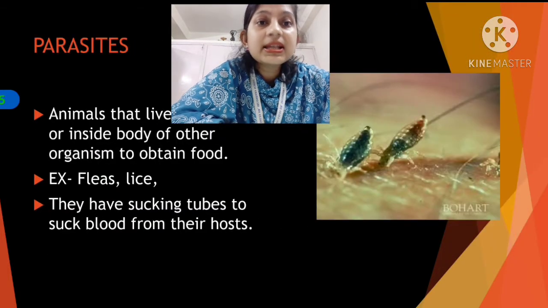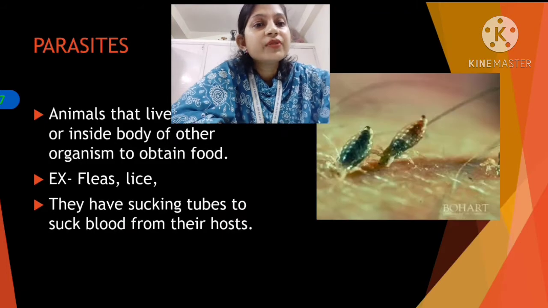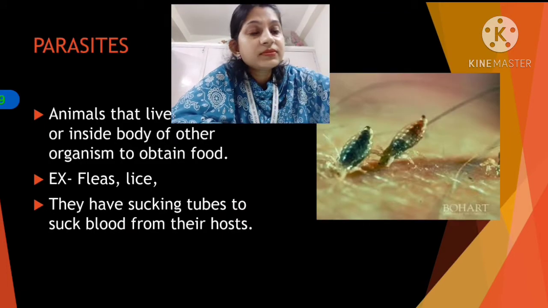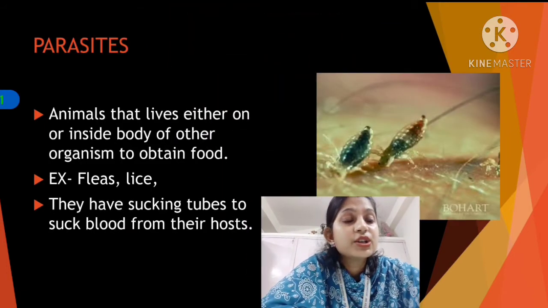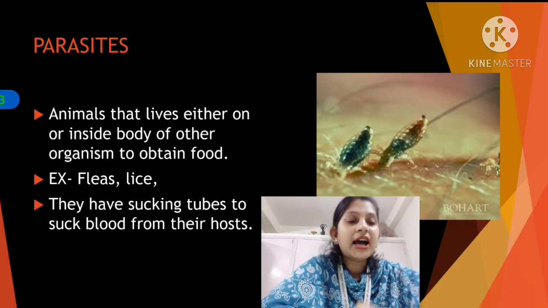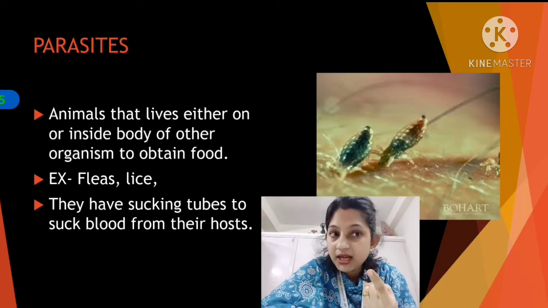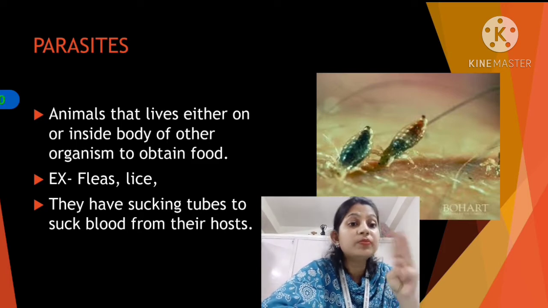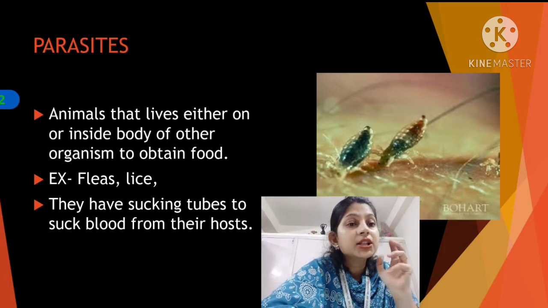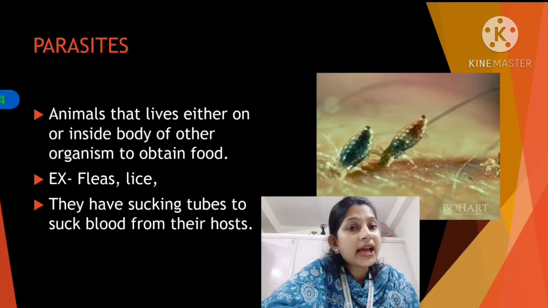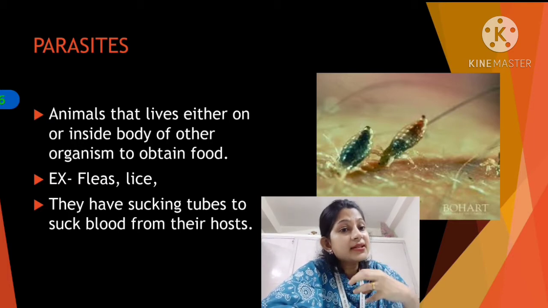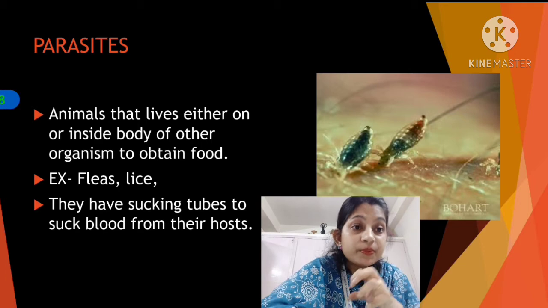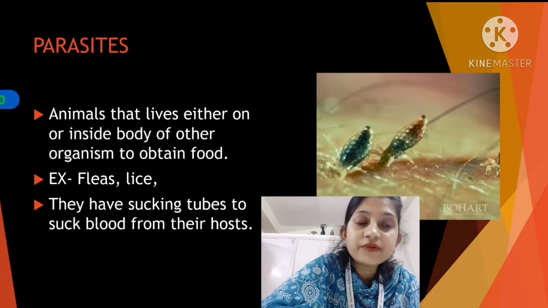So these things. Now one more term which is not given in your book, that is parasites. So what are these parasites? We have learned about animals eating plant, animals eating flesh, and animals eating both plant and another animal. Third category, these animals live either inside or on our body to obtain food. And what special features are they having?